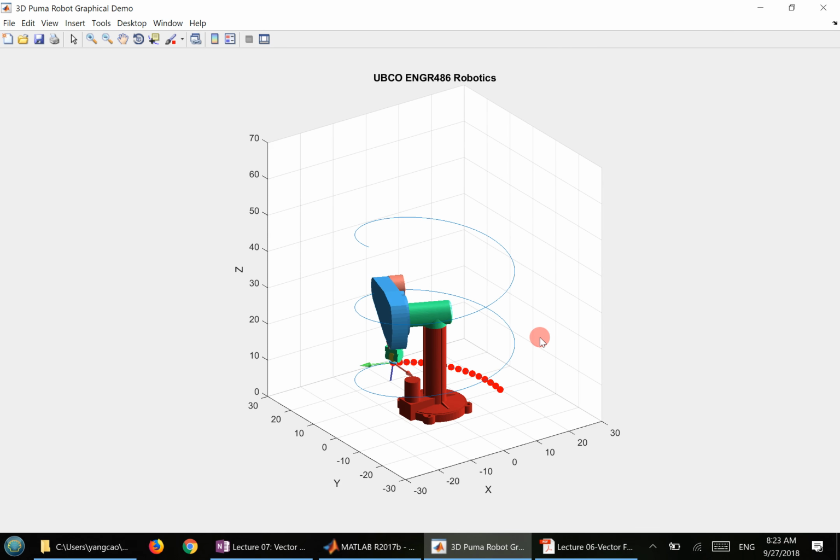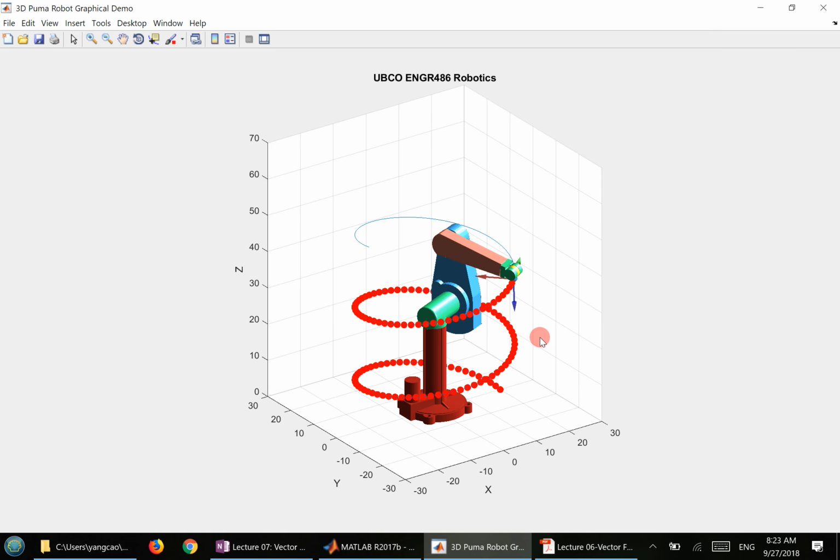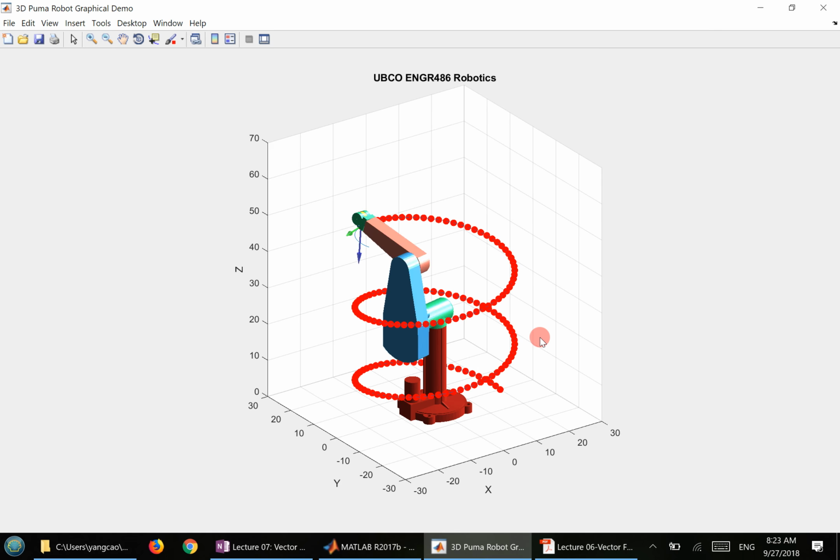So this is a Puma robot, the first kind of industrial robot. You probably see 6 degrees of freedom. In this case, I wanted my Puma robot to track a helical curve, which we learned, right? The helix parametric equation. At the same time, you watch that frame attached to the end of the end effector, that's blue, green, and red.